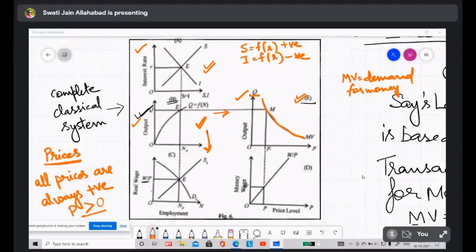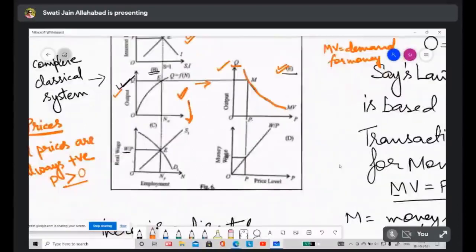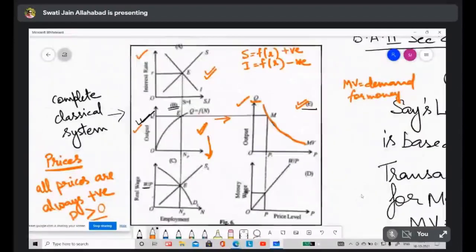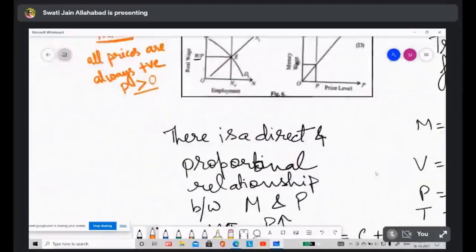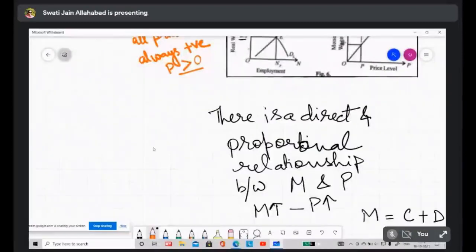Now I keep on telling you that Say's law says that whatever output is produced, it is all consumed. Supply creates its own demand, and there is no overproduction or underproduction or unsold goods and services, because there is one more thing which you can understand here.